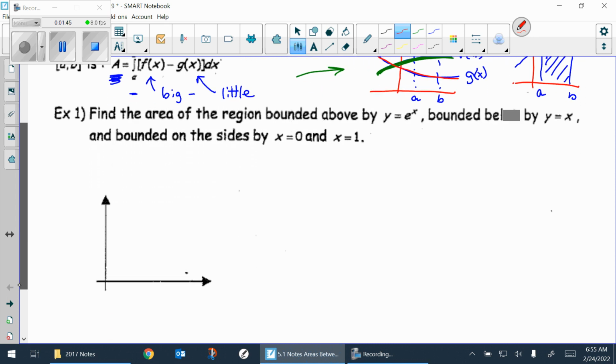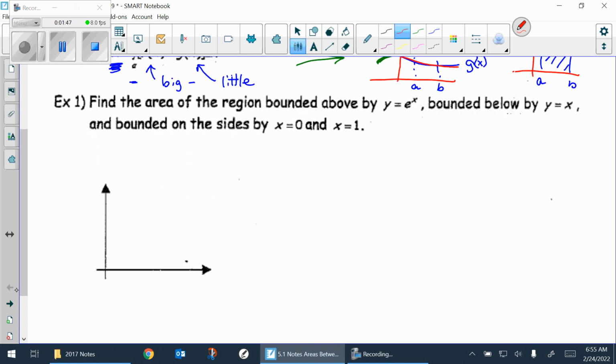So let's take a look at this one. We've got the function y equals e to the x. We know what y equals e to the x looks like. Goes through 1, keeps climbing. And we know what y equals x looks like.